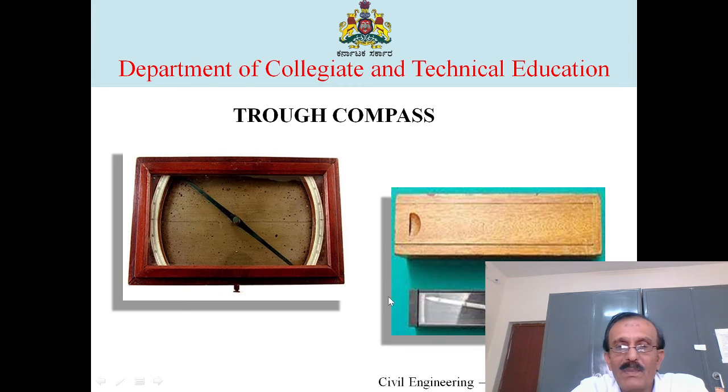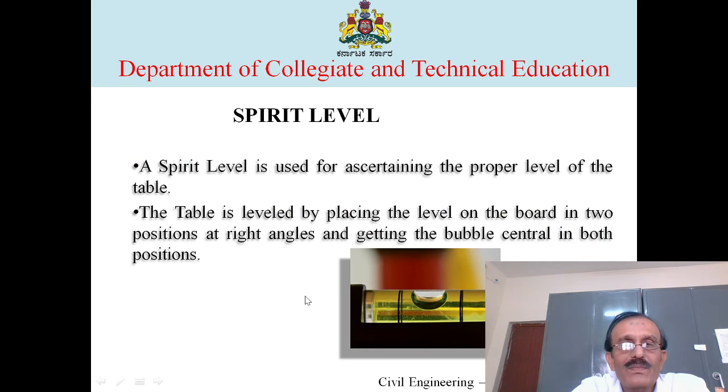So this is the pictorial presentation of the trough compass. Whenever the freely suspended needle shows 0 on both the north and the south pole, it will be parallel to the magnetic meridian. So alongside, we are going to draw the line which indicates the north line.